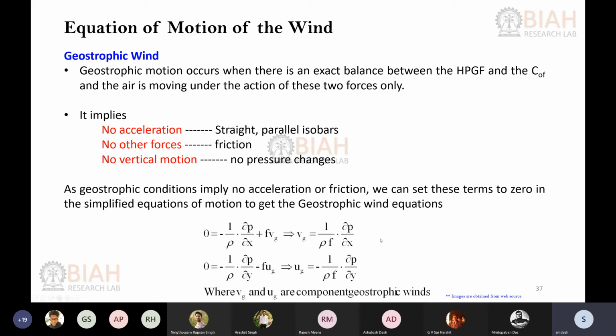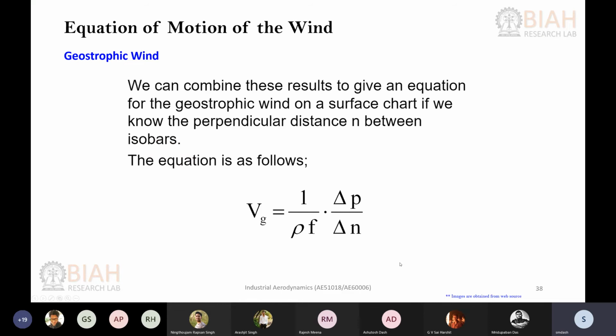There could be a numerical example, maybe not in today's class, maybe subsequently, on what the geostrophic velocity will be. You just need to consider the pressure gradient, and from that you can define your geostrophic velocity. Of course, there is another term, the Coriolis force term, which varies with latitude angle. So do remember that.